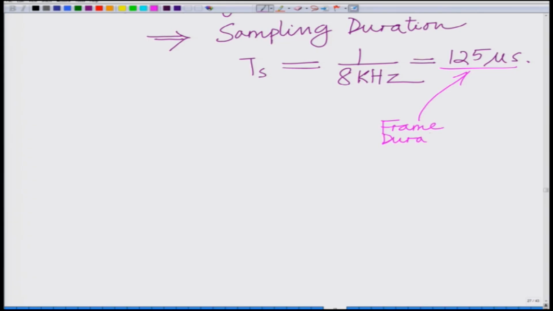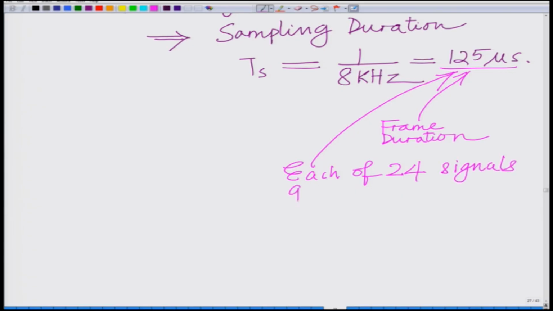In this, each of the 24 signals generates one sample in a frame duration.